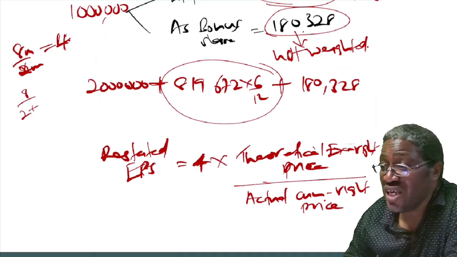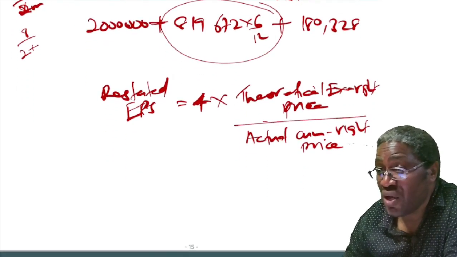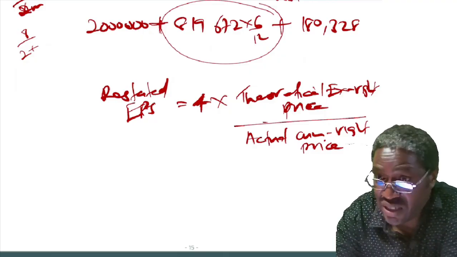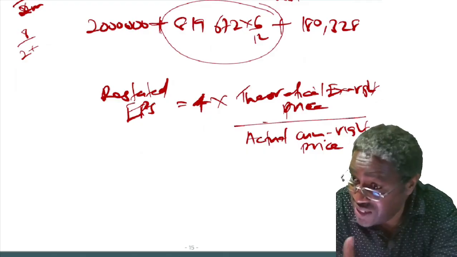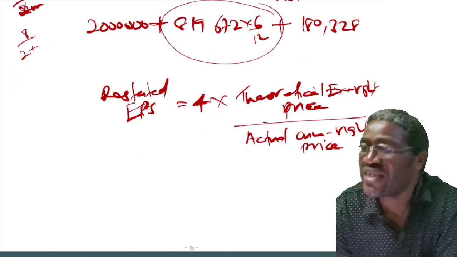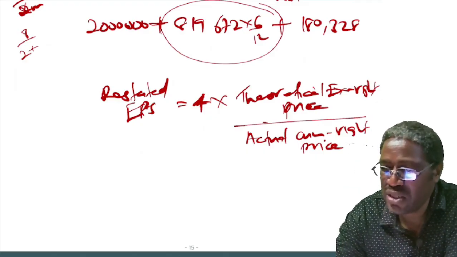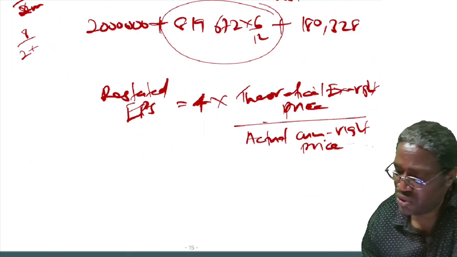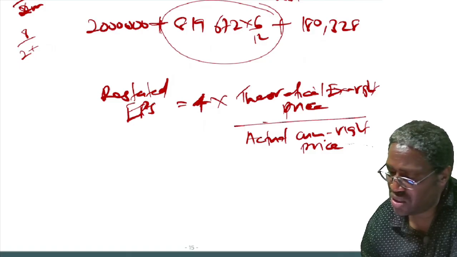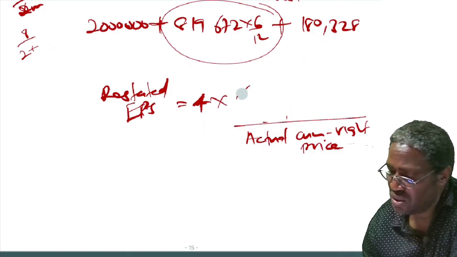So to restate the EPS of the previous year, when it's a rights issue, you restate the last year EPS by multiplying it by a factor. That factor is what I'm putting here. Let me put it in black so that it's seen clearly.